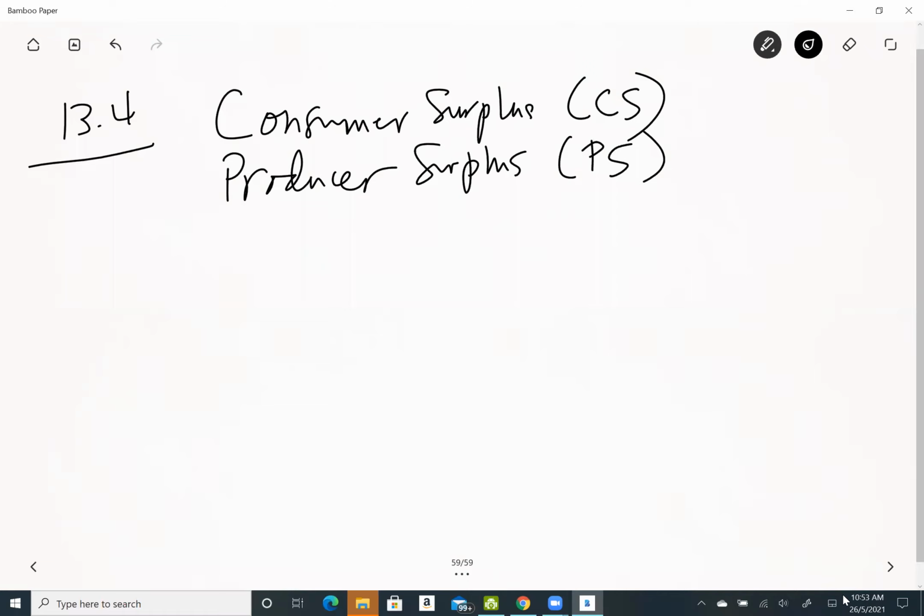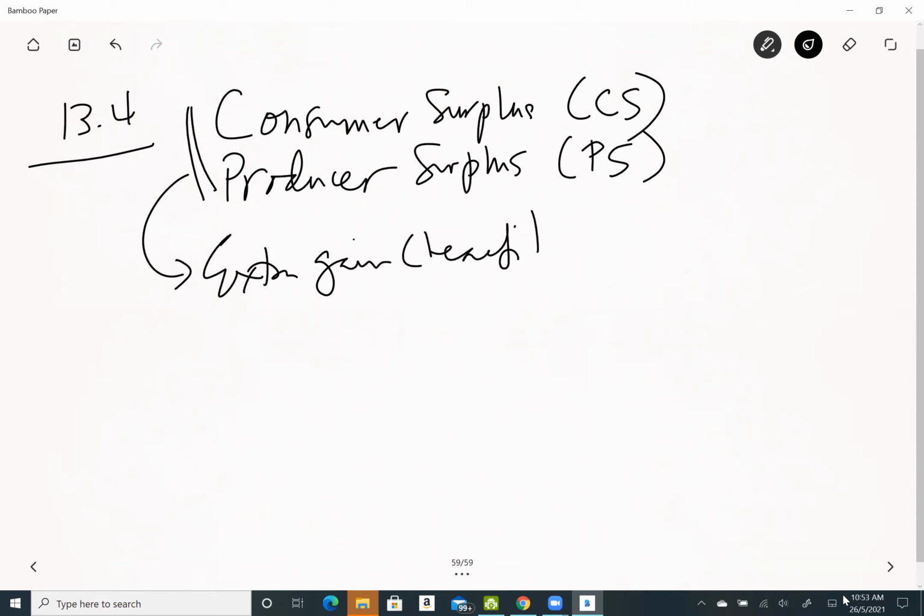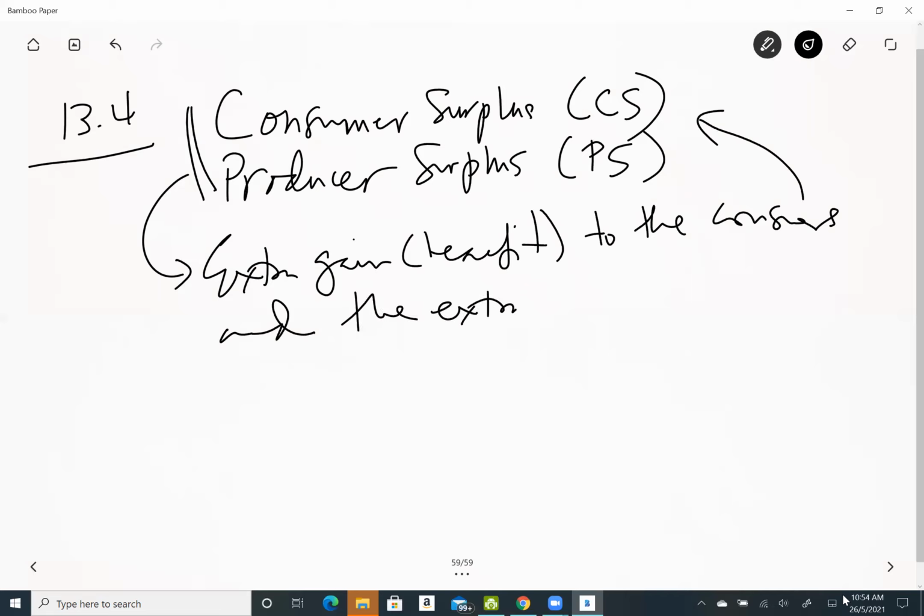What is producer surplus? Okay, this is regarding the benefit. All right. So here it's about extra benefit, extra gain, or extra benefit to the consumers. That will be the consumer surplus, and the extra gain or benefit to the sellers, or producers.